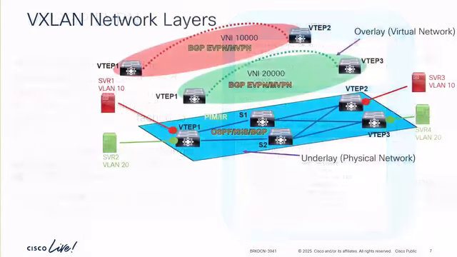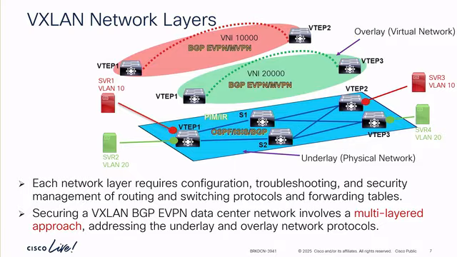Lastly, if we look at VXLAN, we actually have 2 layers of networking occurring. We have the underlay, and the underlay is running its networking services, OSPF, IS-IS, BGP, PIM, or we can do ingress replication. Right? Now, what's the job of the underlay? VTEP-to-VTEP reachability. If the underlay breaks, what happens? No VTEP-to-VTEP reachability, overlay connectivity broken.